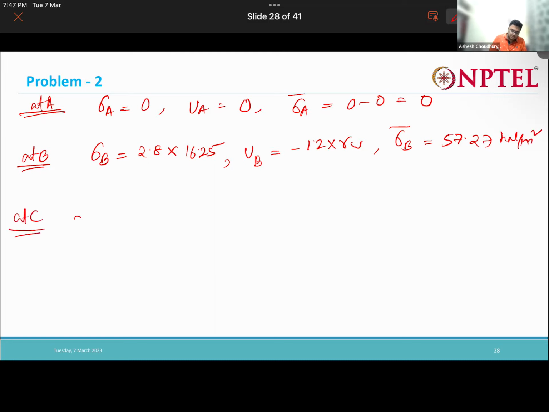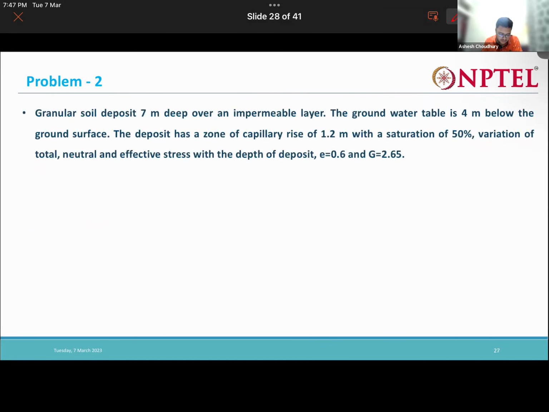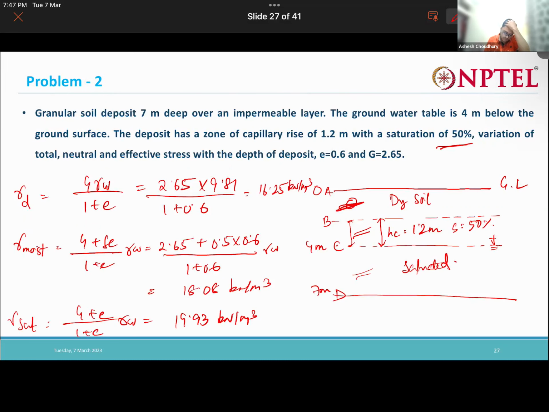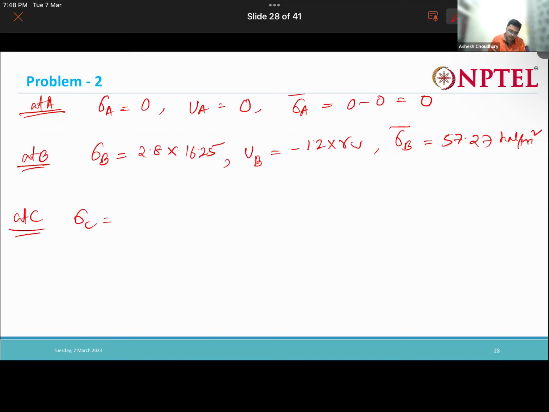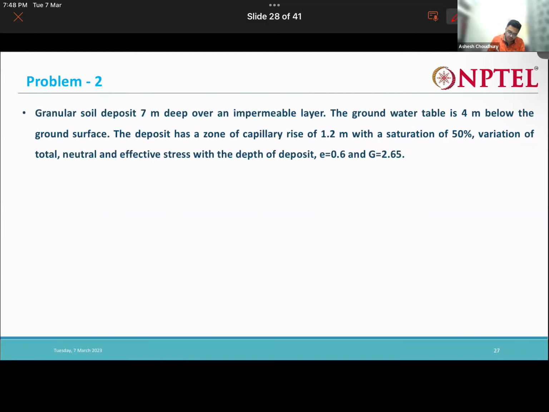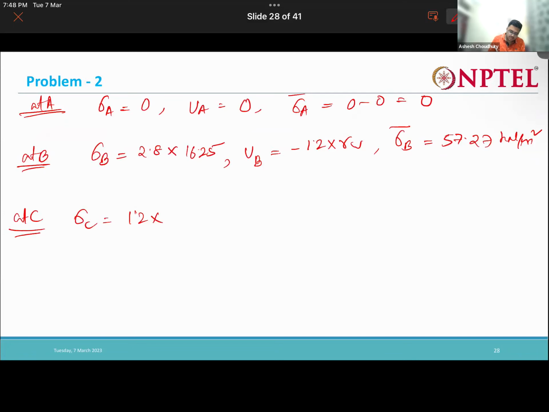Now at C, what is my total stress? It will be 1.2 into the moist unit weight 18.08 plus 2.8 into the dry unit weight 16.25, right?